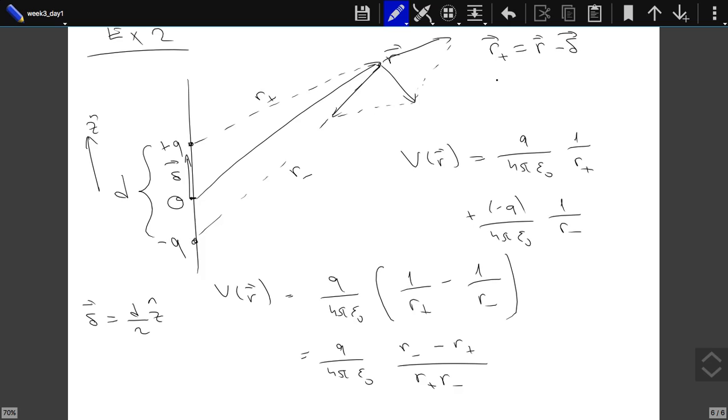R minus vector, on the other hand, is r plus delta. So this is delta, you add the r, you get the r minus vector, pointing from the negative charge to our observation point.